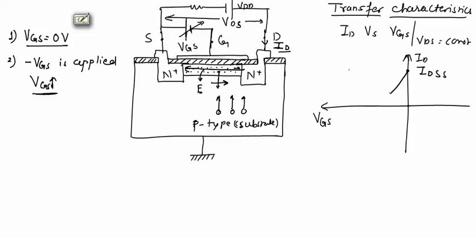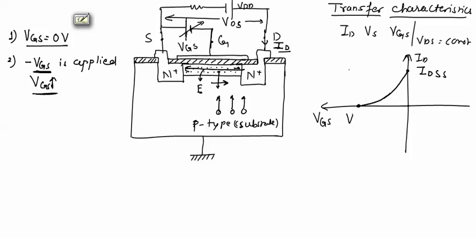For a large negative voltage VGS, many holes will come in the channel, and due to large number of recombination, the electron concentration will reduce to 0 and the drain current ID will reduce to 0.